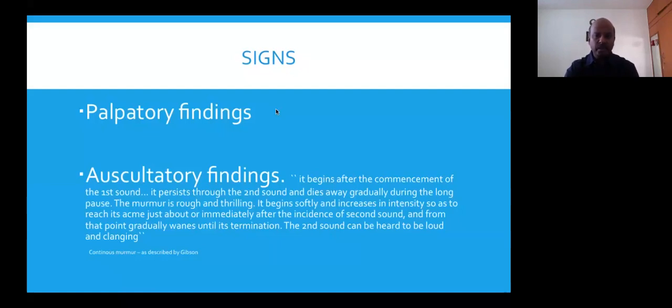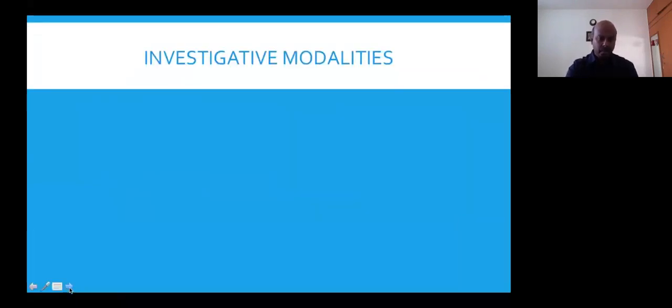Sometimes with a large ductus and a high pulmonary pressure, you may not have enough shunt to cause a murmur, but the second heart sound, the loud and clanging sound, can give away the fact that there is a PDA. Sometimes you may mistake it for a pulmonary ejection click, but it's important to bear in mind and distinguish it from a pulmonary ejection click and appreciate the presence of a patent ductus arteriosus.